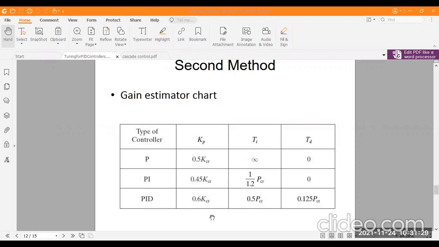After you apply this method, you have to calculate the output values, the gain values of the different controllers. For the proportional controller, its value is 0.5 KCR. That is the gain of the proportional controller after tuning the PID controller using the Ziegler-Nichols method, and so on. This is the proportional integral part and this is the PID controller part.